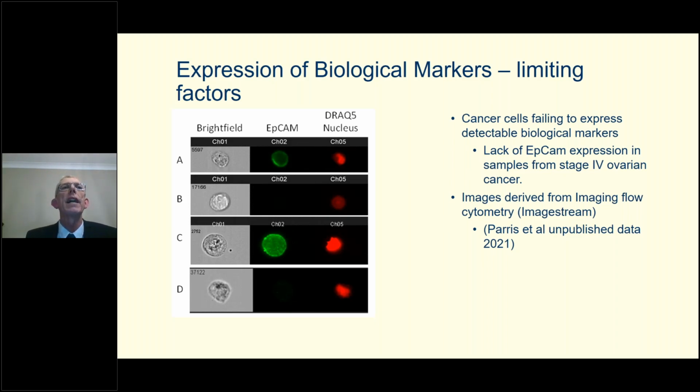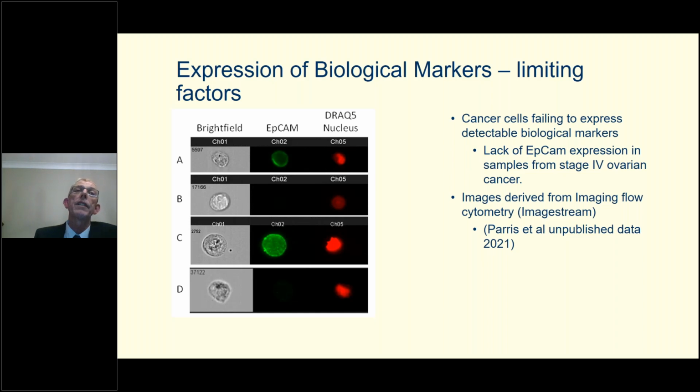So if we look at our panel A here, we have a cell showing in bright field, as you would see as you look down a light microscope. Then on channel 2, which is our EpCAM staining, an immunocytochemical method, showing beautiful EpCAM staining, and then we can identify our nucleus, and similar for panel C. But we also have these large epithelial type cells that are not expressing any EpCAM.